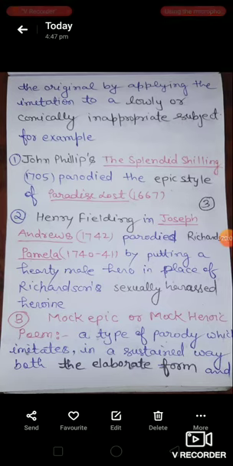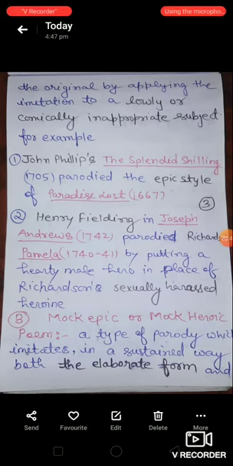And there is one writer called John Philips. John Philips wrote The Splendid Shilling, and in it he parodied the epic style of Paradise Lost. Okay. So the treatment is in epic manner, but the content is very inappropriate.